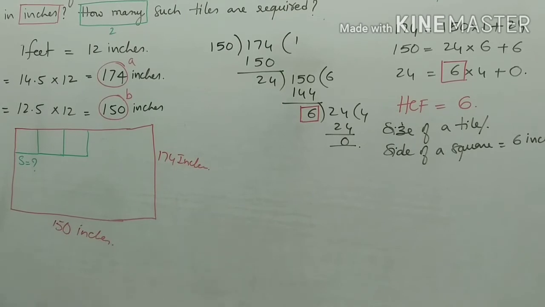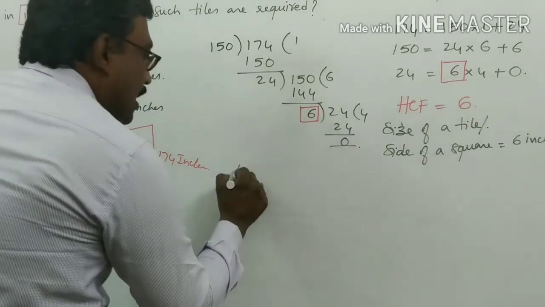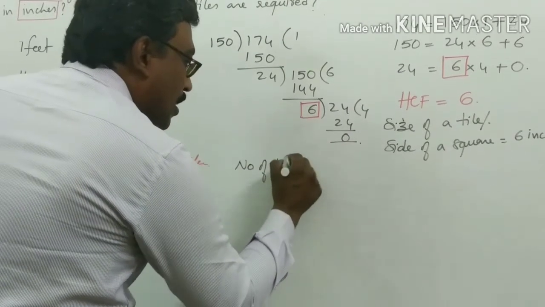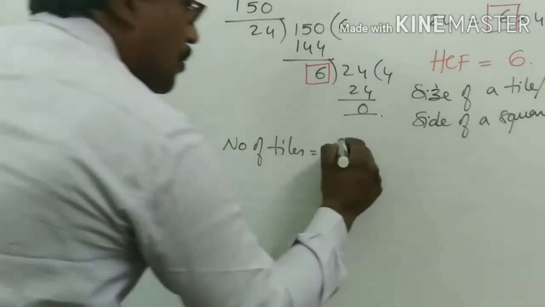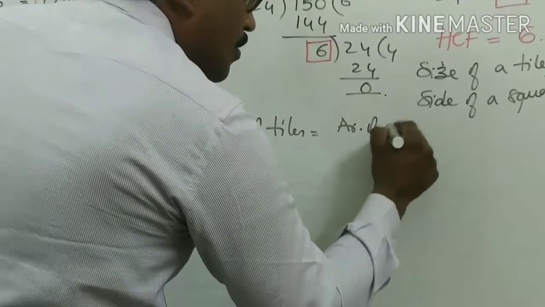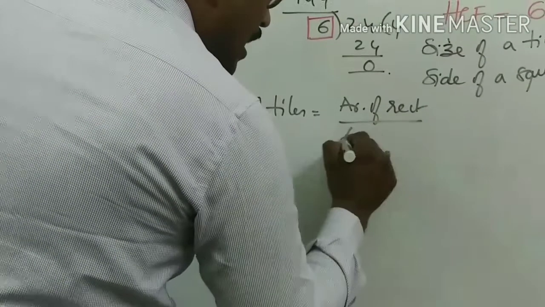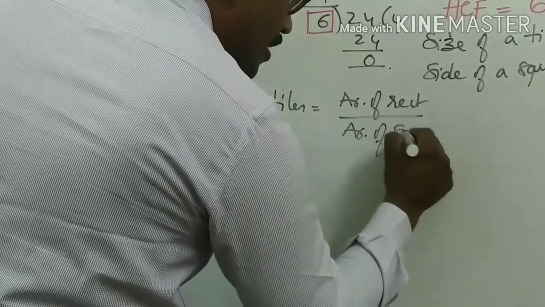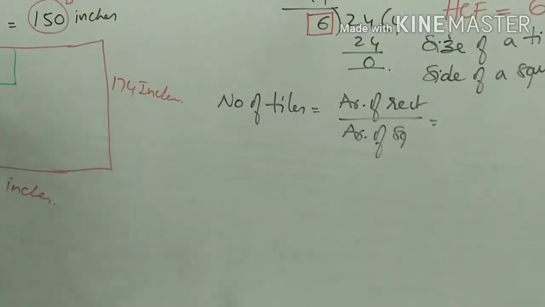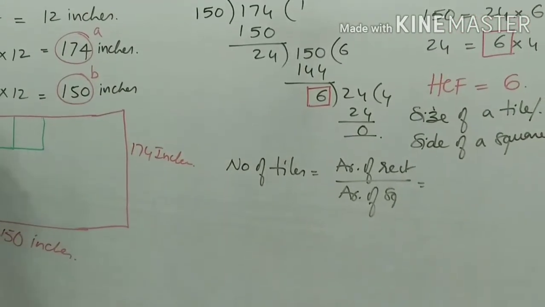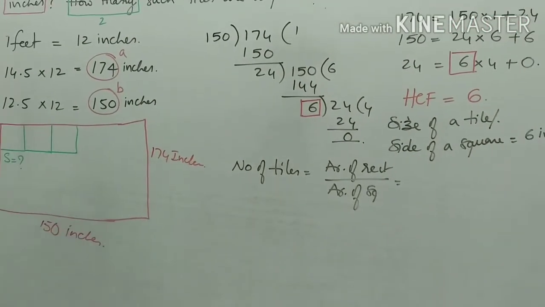Now the number of tiles is equal to the area of the rectangle divided by the area of the square. That is, area of the rectangular bathroom floor by area of the square tile.